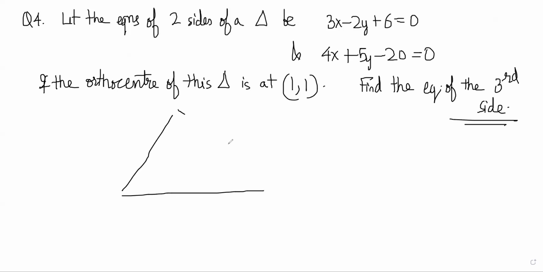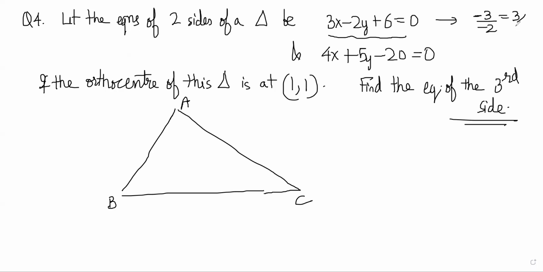Let's think about it. We have been given the equations to two sides of the triangle, right? This is one side. Look at the slope of this line. The slope of this line is minus 3 by minus 2, so 3 over 2. And the slope of this line is minus 4 by 5, right? The orthocenter of this triangle has also been given.